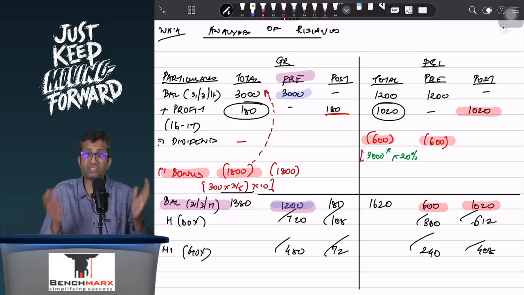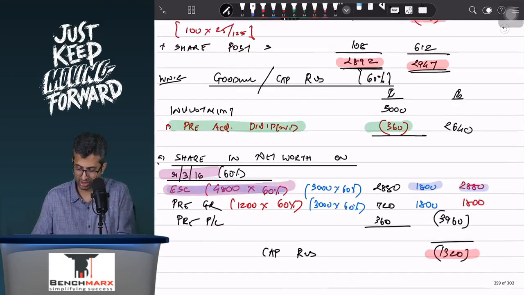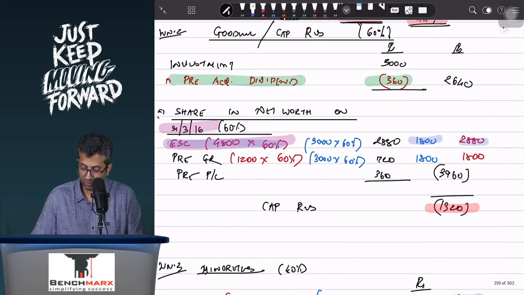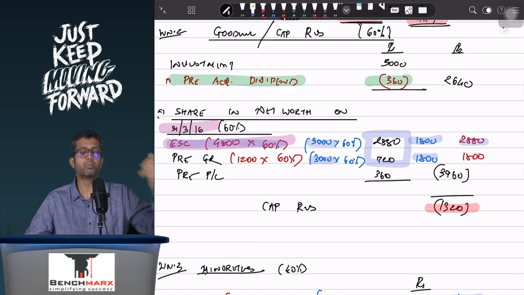And since both of them are going to go into working note 2 for goodwill workings, the effect negates. As you can see over here, 3000 of share capital and 3000 of general reserve, that is 1800 and 1800. If I take the total over here, that is going to be 3600, and even over here 3600 only, and hence the effect nullifies.